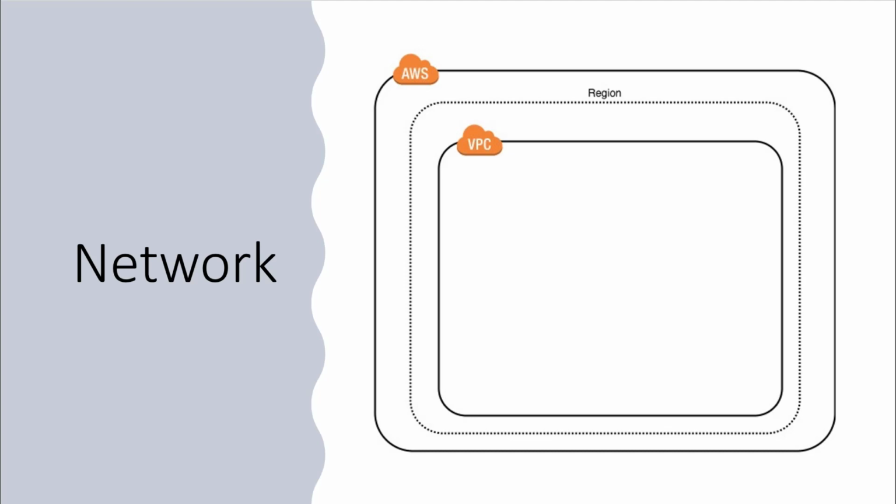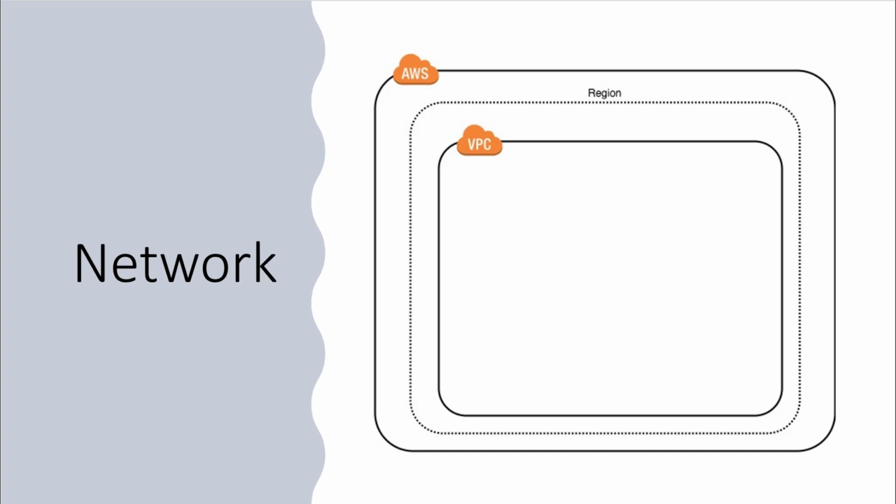A virtual network enables many types of resources, such as virtual instances, to communicate with each other, with the internet, and with on-premises data centers. In your virtual network, you define which CIDR block you want to use. In AWS, it is called VPC, Virtual Private Cloud, or in Azure, it is called VNet, Virtual Network.